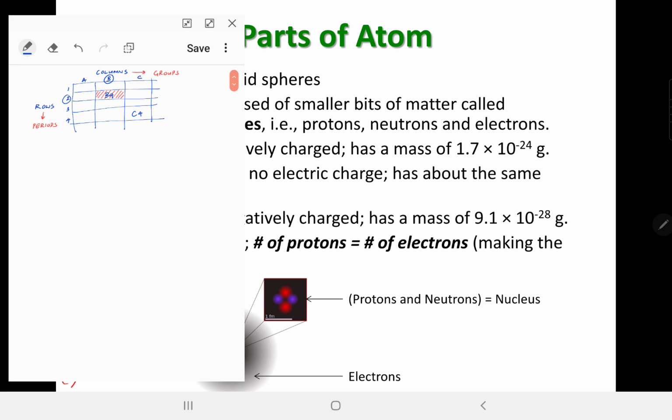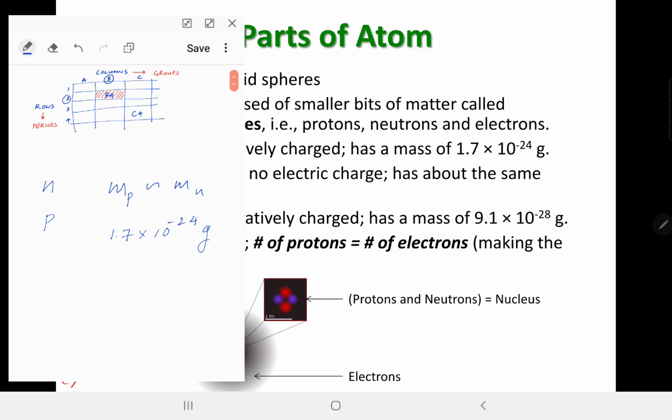As I mentioned earlier, the mass of a proton is approximately equal to the mass of a neutron, and this mass is around 1.7 times 10 to the power minus 24 grams.